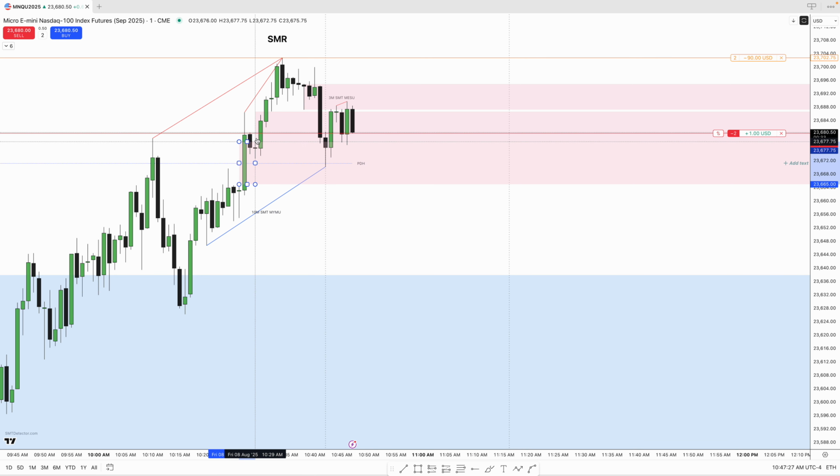Okay, you have a breaker, fair value gap. Okay, if we close down below that, that is the highest probability PD array for longs and shorts. IFVG plus breaker. Now it's not the cleanest breaker.